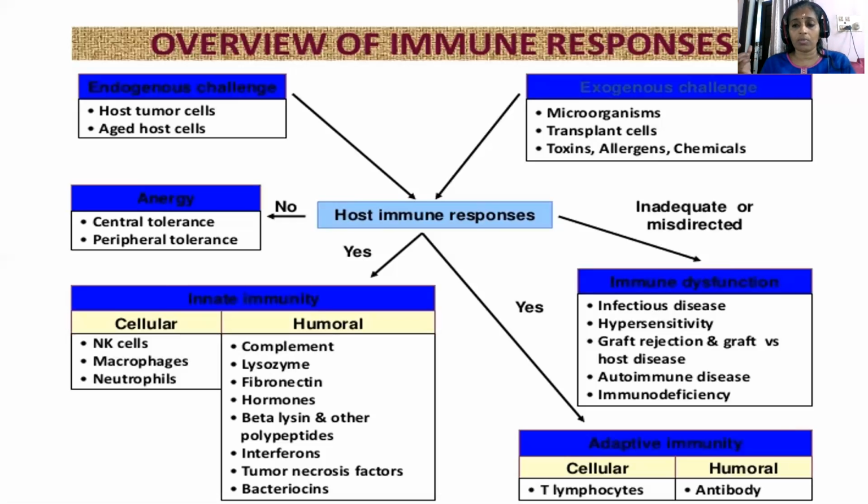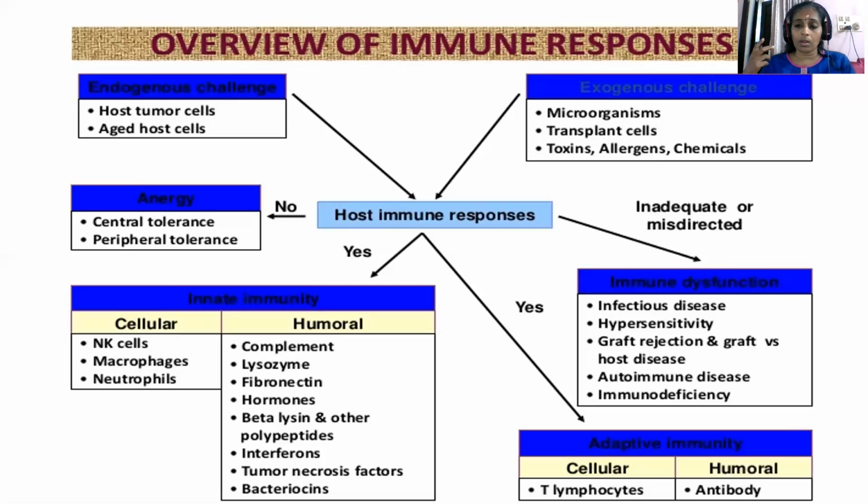Malfunction of the immune system is not good for our body, and it is deleterious to our own cells. Those mechanisms are due to infectious disease, hypersensitivity, graft rejection, graft versus host disease, autoimmune disorders, and immunodeficiency.